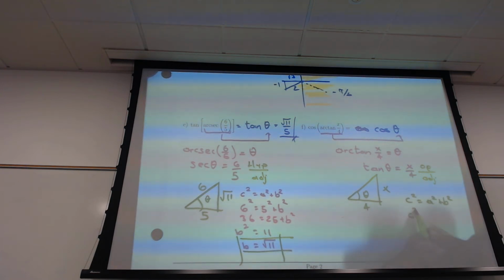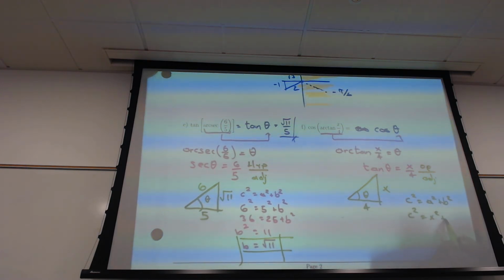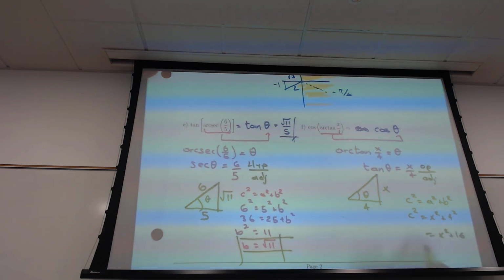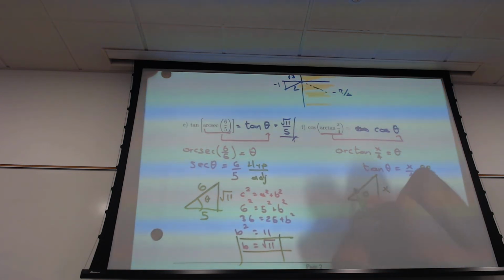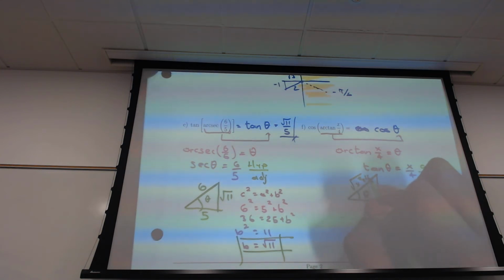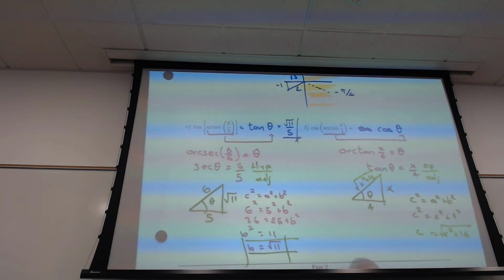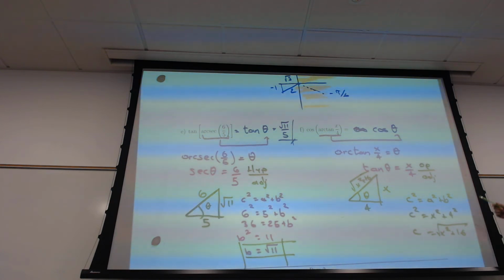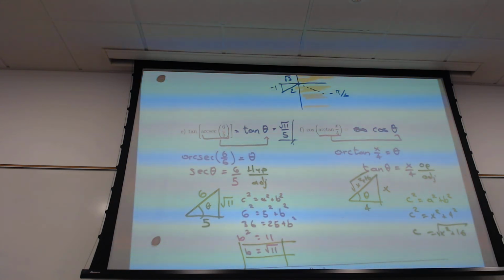And c squared equals x squared plus 4 squared, which is x squared plus 16. And c is just the square root of that. So we have all the information that we need to answer the question. We want to know the cosine of this.